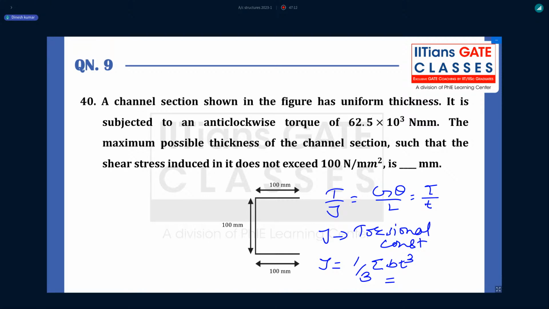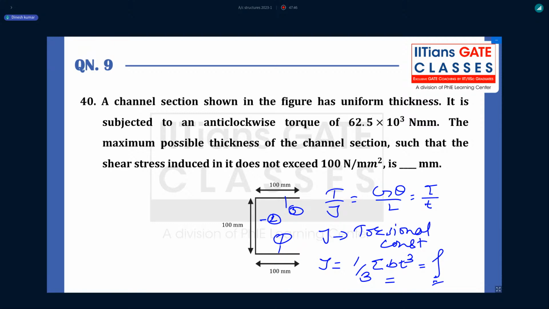If your thicknesses are uniform, like this is section 1, this is section 2, this is section 3. If your thicknesses are varying, then it will be in integral form, t cube dx upon 3, and you can remember this formula too. But in this case, the thickness of each section is uniform.